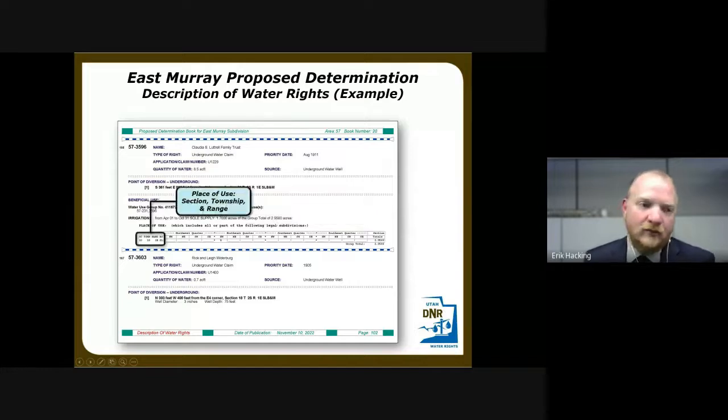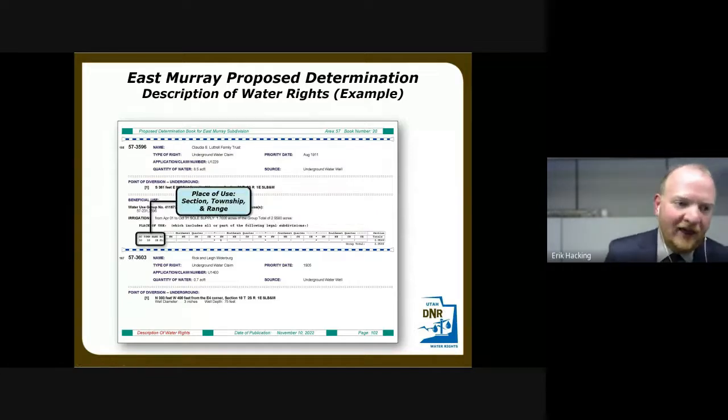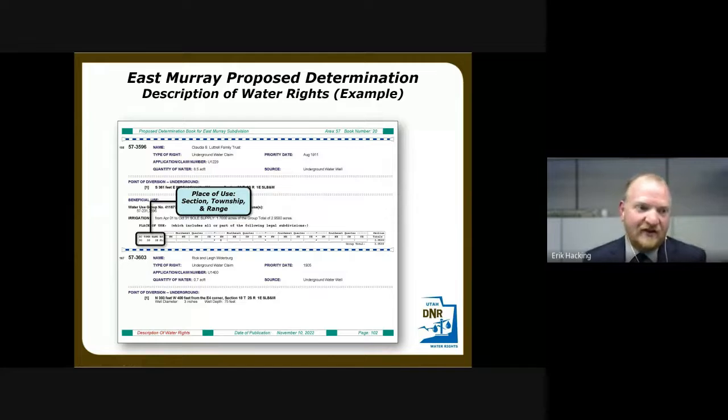Over here, we have place of use, which is defined first by section, township, and range, and then further divided into quarter sections marked by an X under the specific quarter section. So real quick, for example, this one would be in section 20, township 2 south, range 1 east.